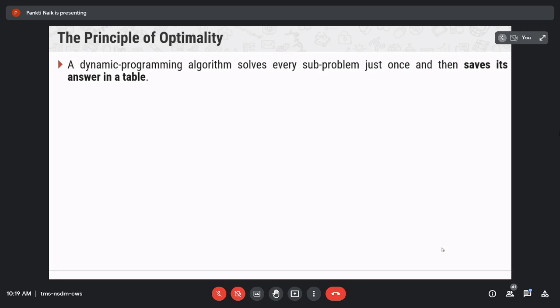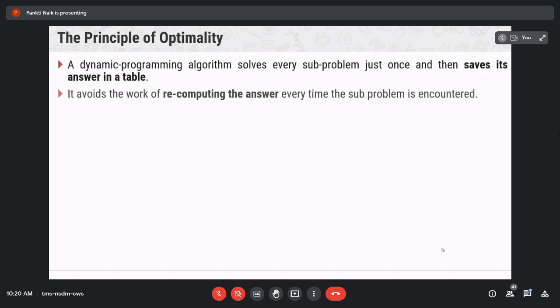A dynamic programming algorithm solves every sub problem just once, right? And then saves its answer in a table, so it avoids the work of recomputing the answer every time the sub problem is encountered. So whenever you use the dynamic programming approach, only one time it will solve all the sub problems and store the sub problems' answers in a table.